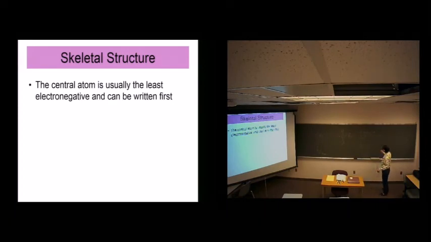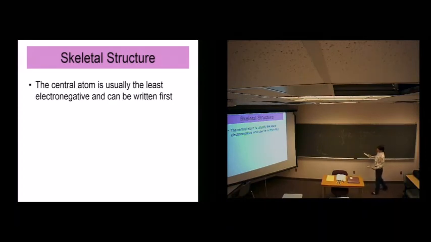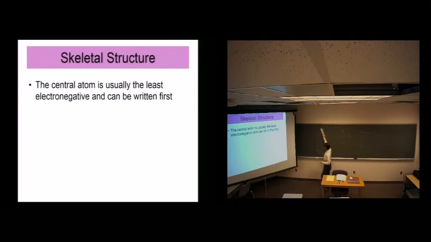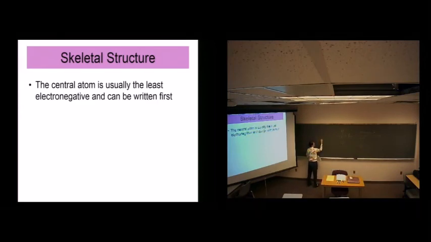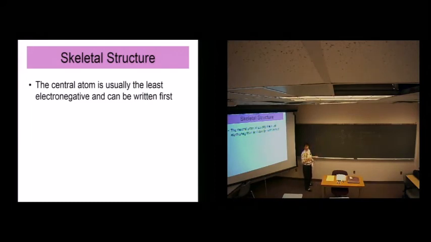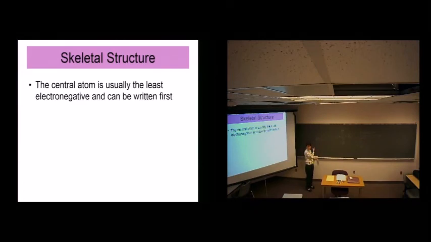So let's look at this one. Let's do POCl3. Now we're looking at that. Wow, phosphorus, oxygen, chlorine. Which one would be the central atom? We're like, well, maybe it's phosphorus, maybe it's oxygen. Kind of hard to tell, isn't it? So how are we going to do it? It's going to be phosphorus, yes, because it's the least electronegative.